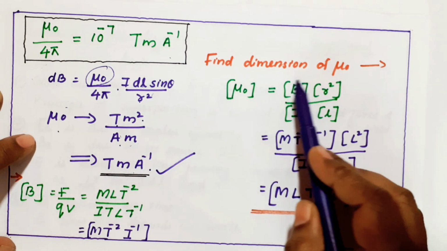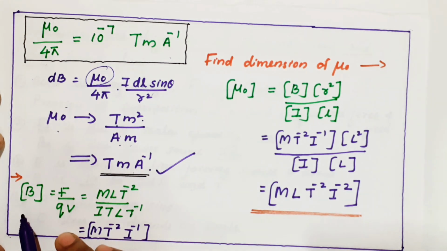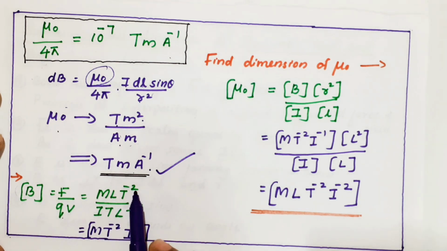What is the dimension of B? For the dimension of B, you can use the Lorentz force equation I discussed in the part 1 video. What is Lorentz force? F is equal to QVB sin theta. So from that, B is nothing but F by QV, because sin theta has no dimension. F is force, MLT minus 2. Q is the charge, that is IT.